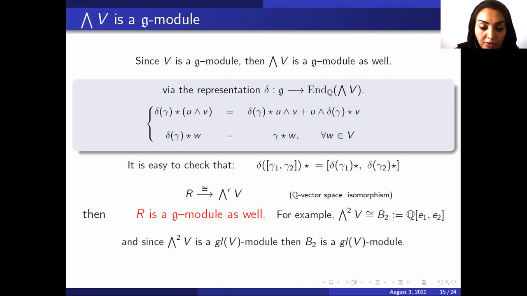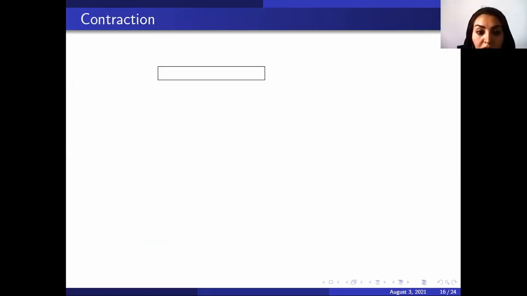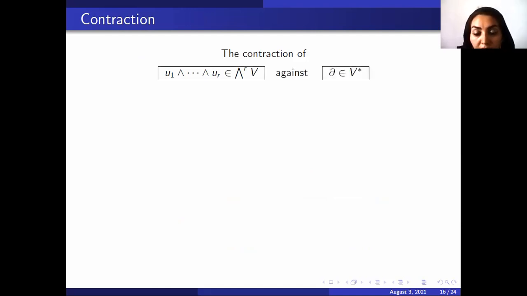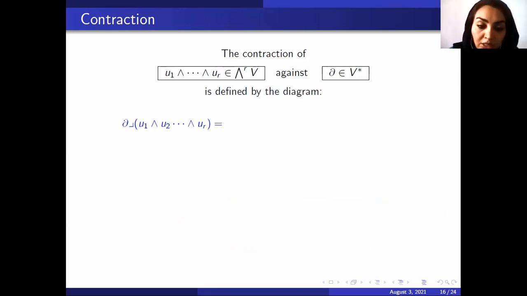We will go on in this example more, but before that, allow me to say what we mean by contraction. The contraction of an element of R's exterior power of V, U1 wedge U2 wedge UR, against delta, an element of V star, is defined through this diagram.